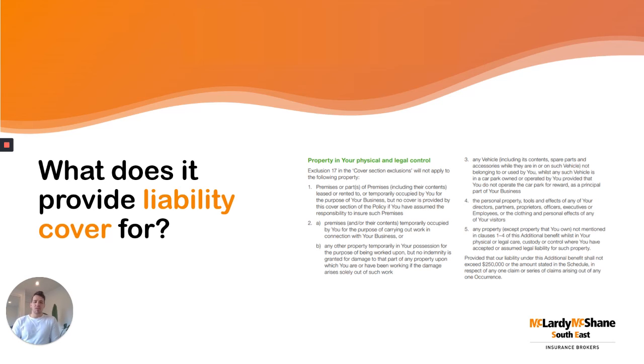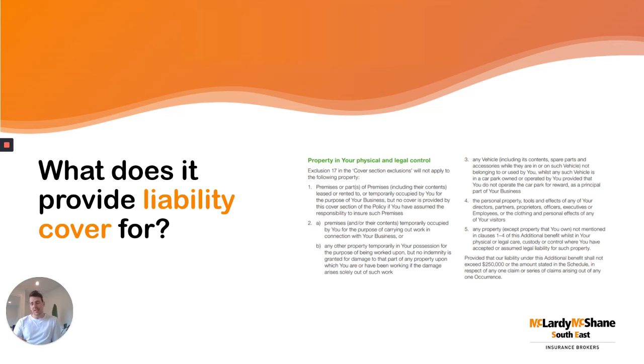If you think about it that way, it will be a lot easier to understand how the CCC cover works. First and foremost, clause number 1 provides liability cover for premises that you rent or lease, so the factory or the office that you occupy to run your business from. It also provides liability cover for premises that you temporarily occupy.